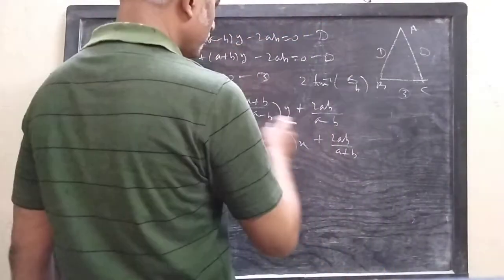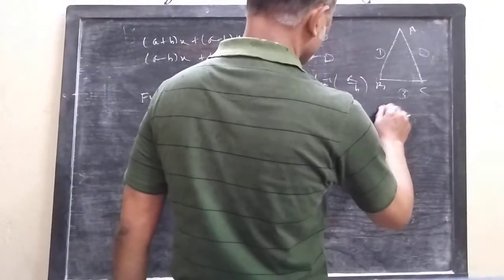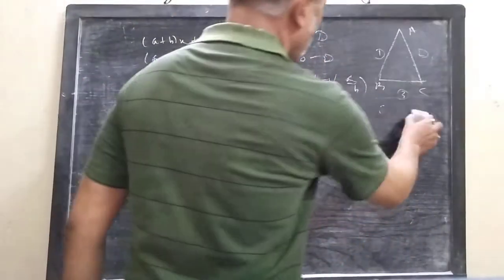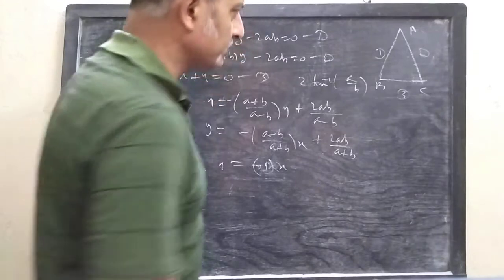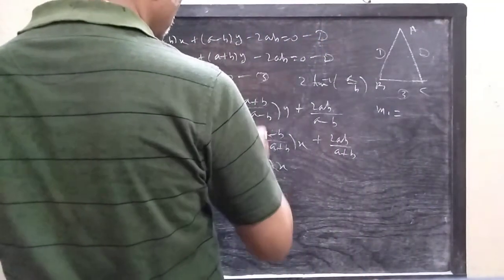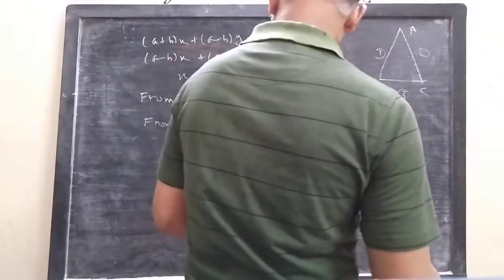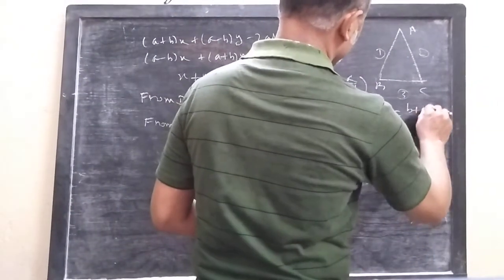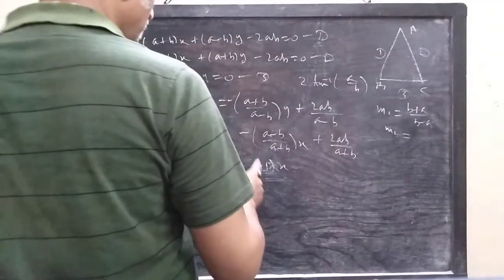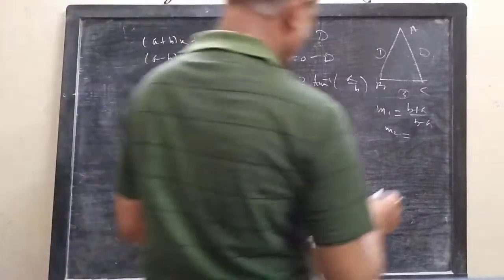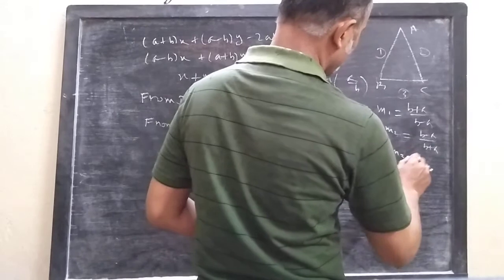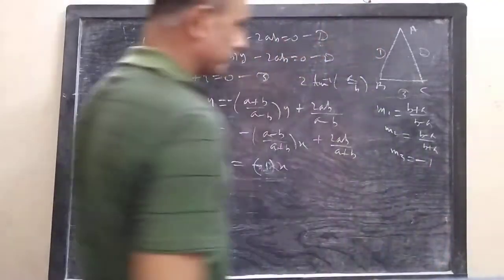Slope of 1, say m1, is (b plus a)/(b minus a). Slope of 2, say m2, is (b minus a)/(b plus a). Slope of 3, m3, is minus 1.